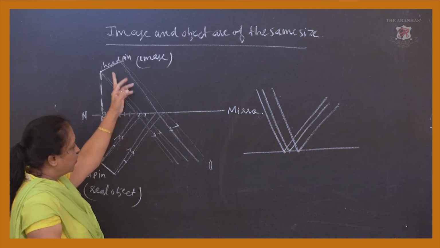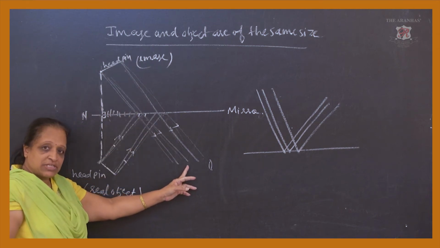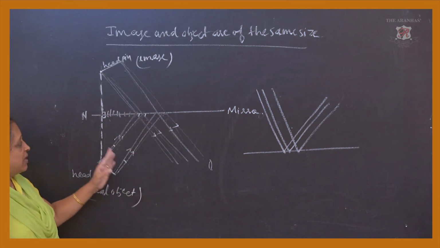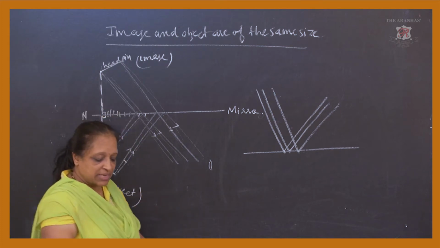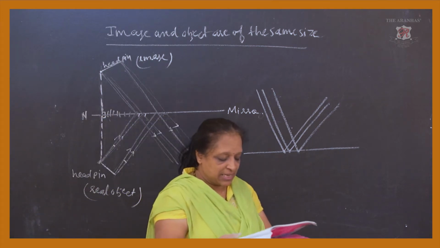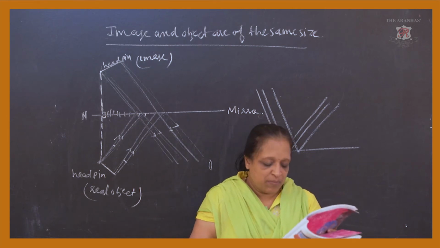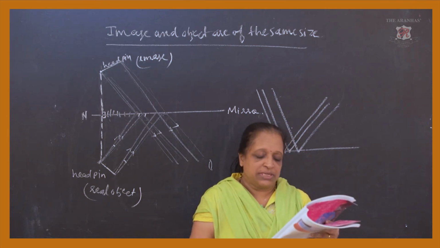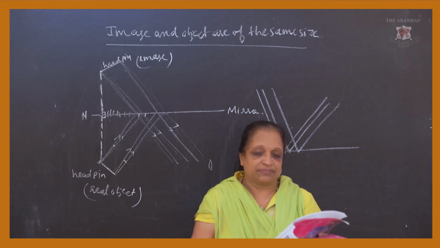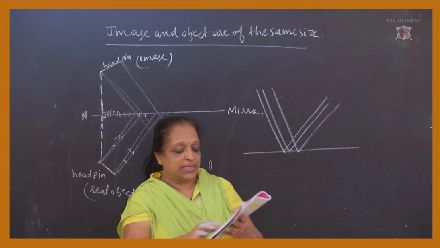Therefore the image formed over here is of the same size as the object. But what was the case in the second? The image of the object was behind the mirror, as the object is in front of it. So these are the two cases.